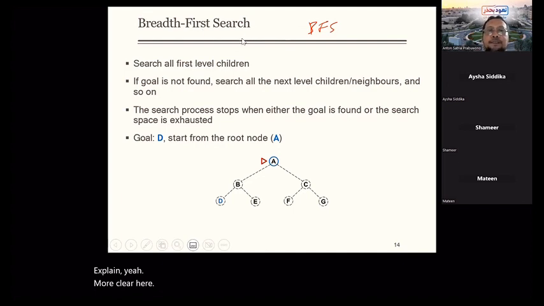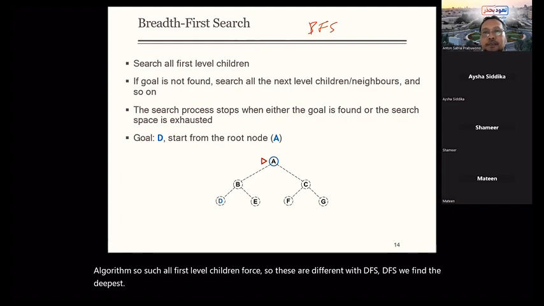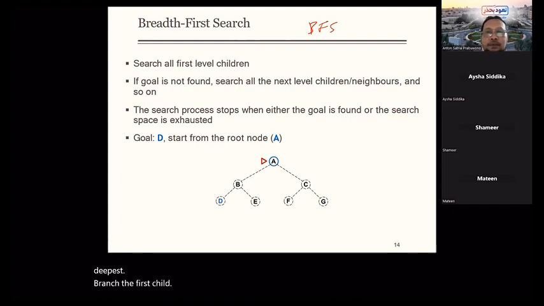So in the BFS algorithm, we search all first level children first. So this is different from DFS. In DFS we find the deepest branch, the first node first.